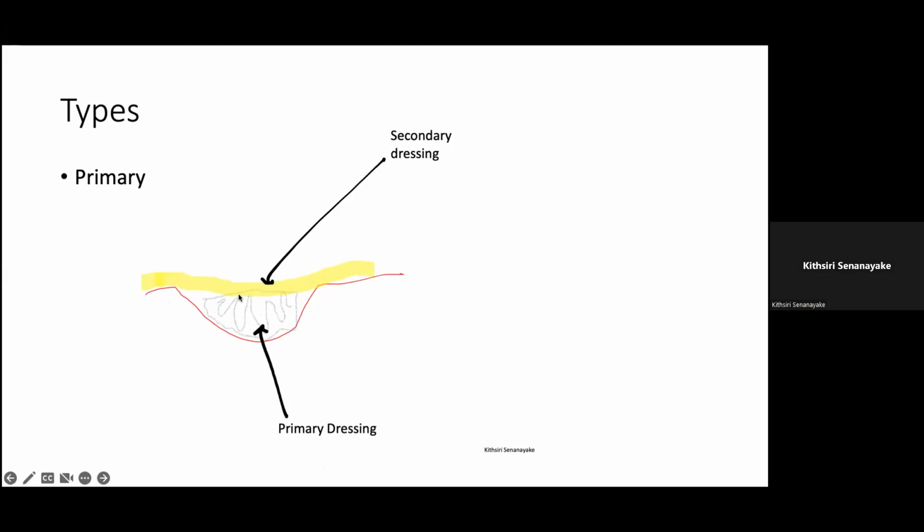Whatever we put on top of it is called the secondary dressing. Sometimes we put one material as a primary dressing and another material as a secondary dressing. The choice should depend on the patient's factors and the wound factors.